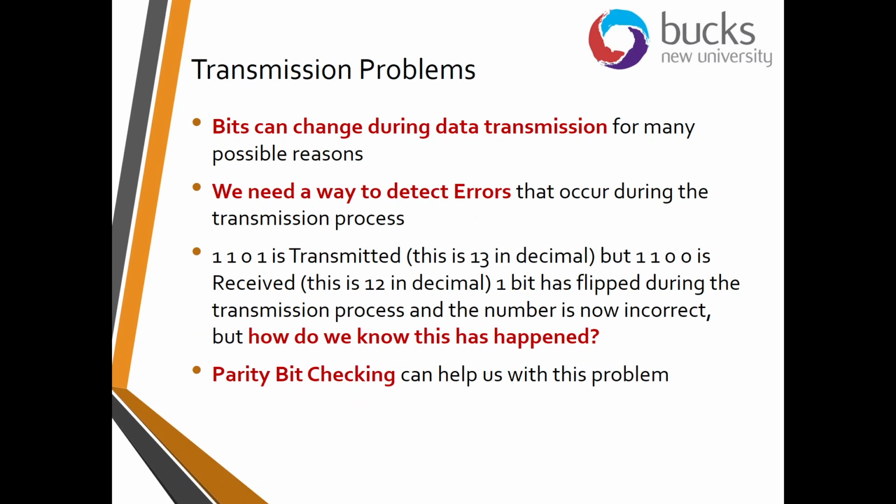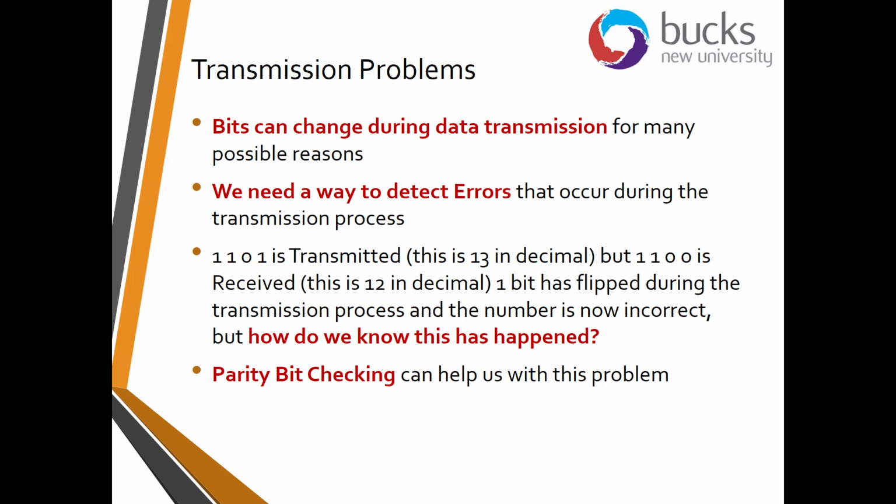So this brings us on to transmission problems. Bits can change during data transmission for many possible reasons. Normally this is caused by electrical interference, where we would get a change in the voltage state between high and low, meaning that we perhaps change a bit from a 0 when it should be a 1, or a 1 from a 0.